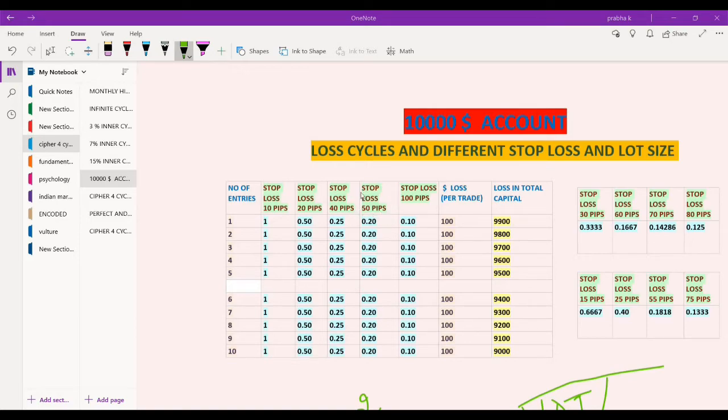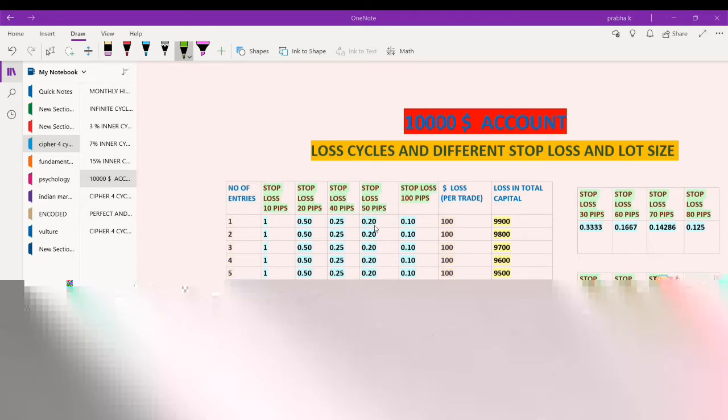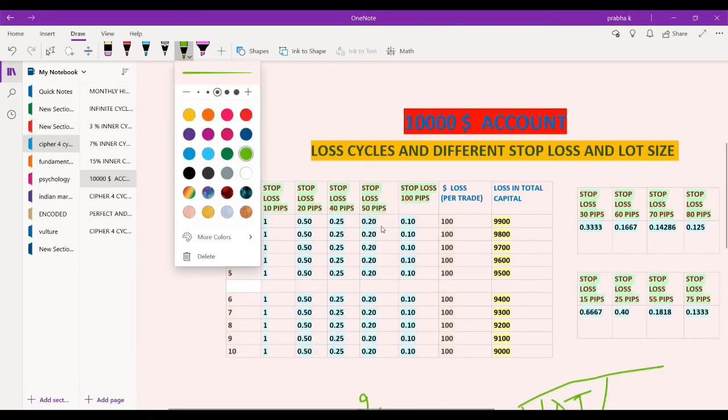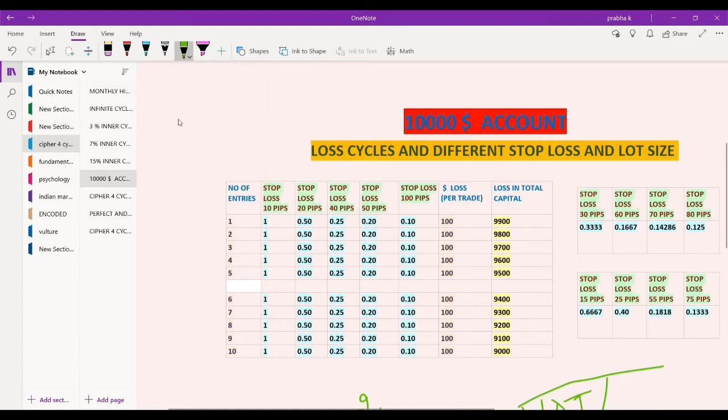Let's go with the same 50 pips and its lot size is 0.20. If you lost, it will be 100. So I'm doing it for the four pairs now. So what are you going to do? Lot size divided by 4, 0.20 divided by 4. Side by side, you can also see 1% risk. What is the risk amount?